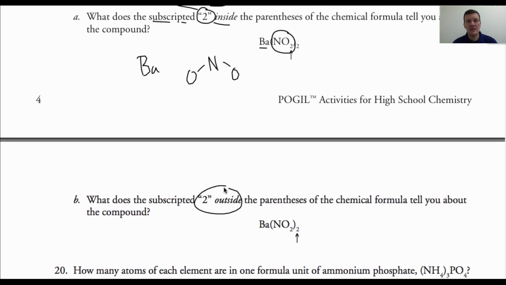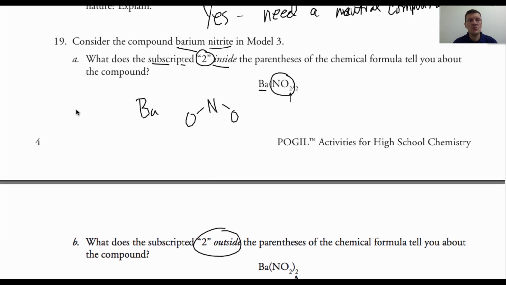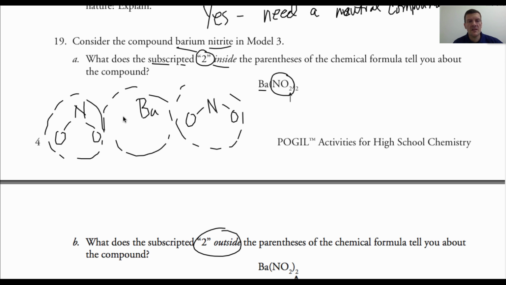Now, what does the 2 outside mean? It means I've got 2 of these particular nitrite polyatomic ions bonded or attracted to the barium. Okay?